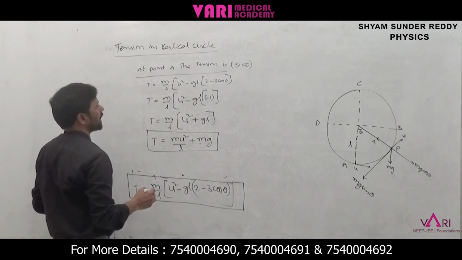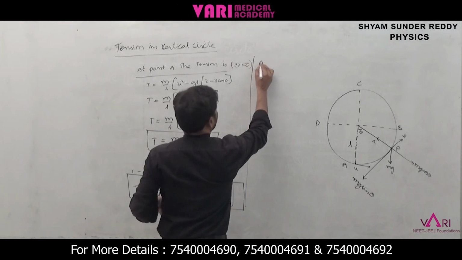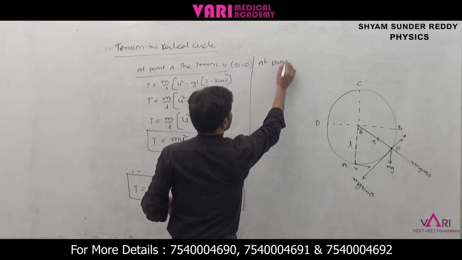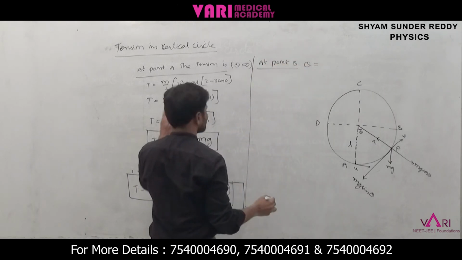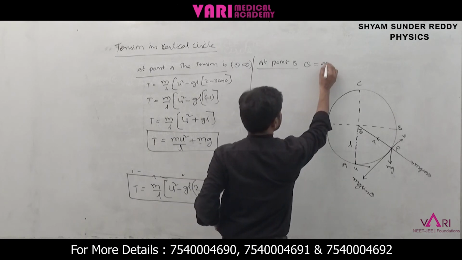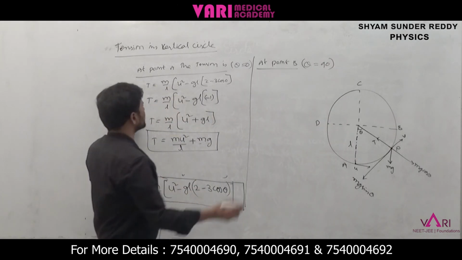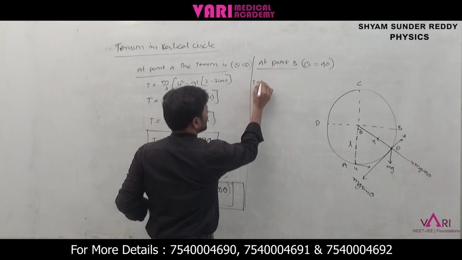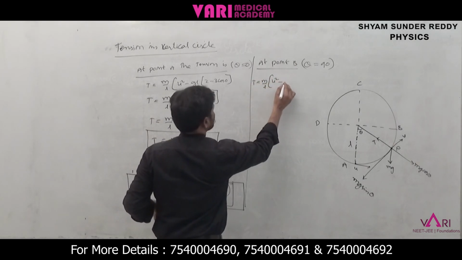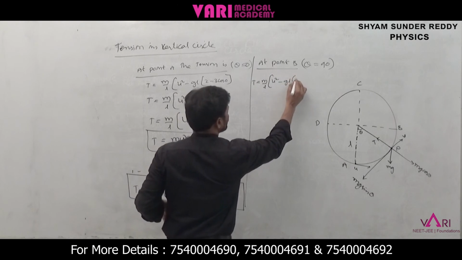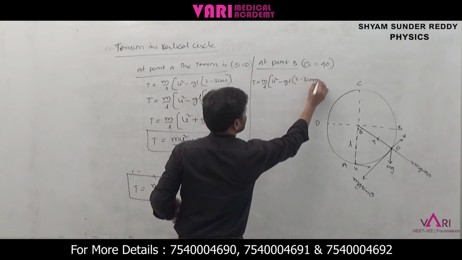At point B, we can see whether the tension increases or decreases. At point B, theta is equal to 90 degrees. Then T is equal to m by L into u square minus gl into 2 minus 3 cos 90.